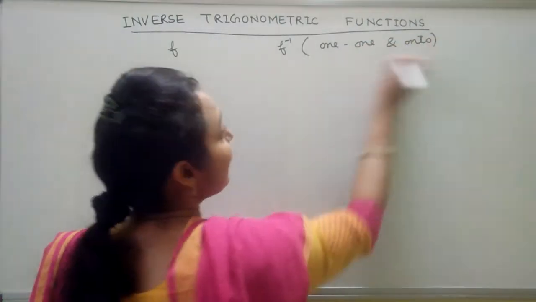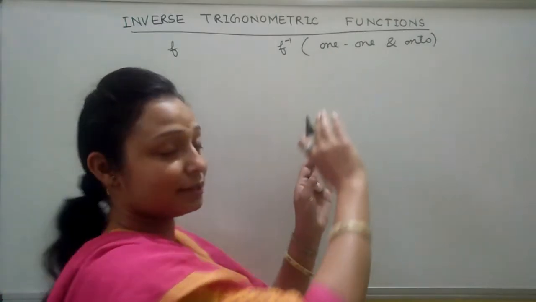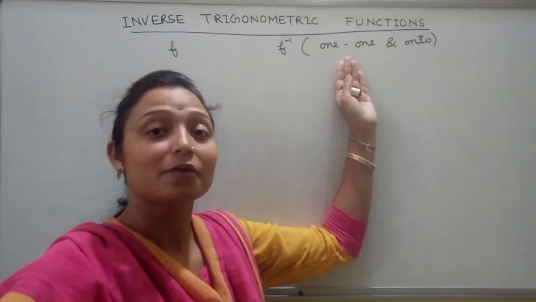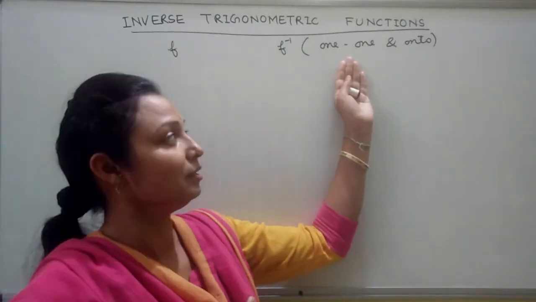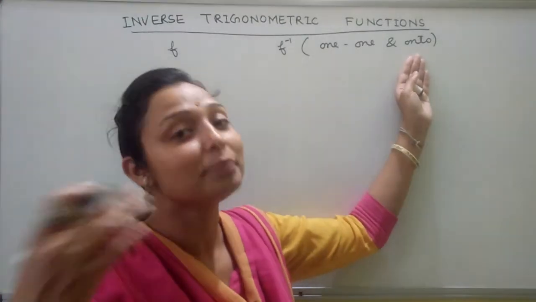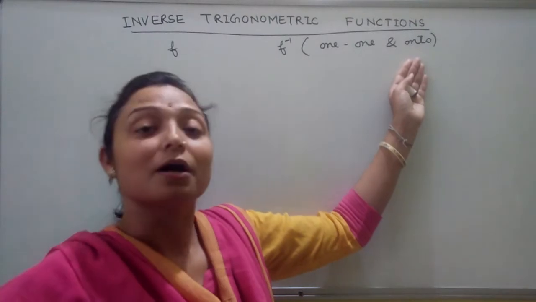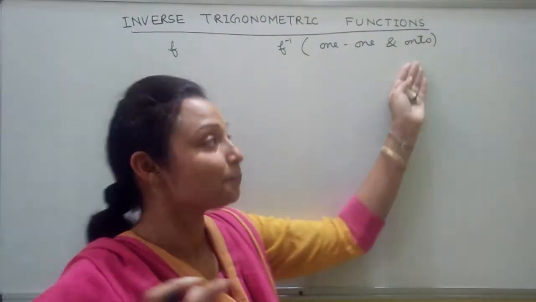What is 1-1 and what is onto? When different elements have different images, then it is said to be 1-1, which I will explain in the chapter relations and functions. Onto: when all the elements of set B have pre-images, that is called an onto function. I will explain thoroughly in the chapter relations and functions.